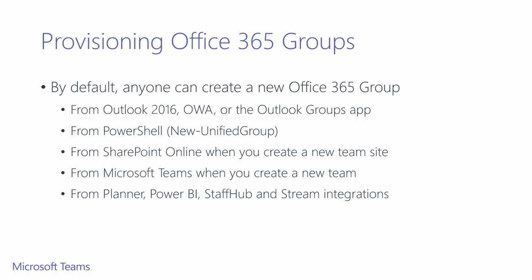You can do this from SharePoint Online when you create a new team site, from Microsoft Teams when you create a new team, or from various other applications and integrations that we have inside of Office 365. From an administrative standpoint, of course, we have the ability to control who can create groups, but by default, anyone can create a new group inside of Office 365.